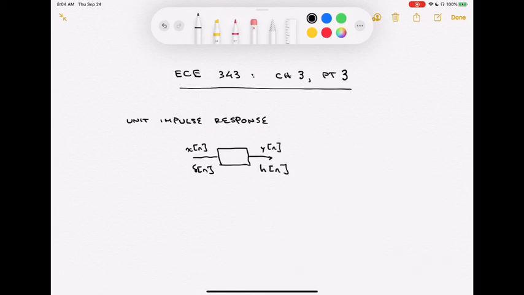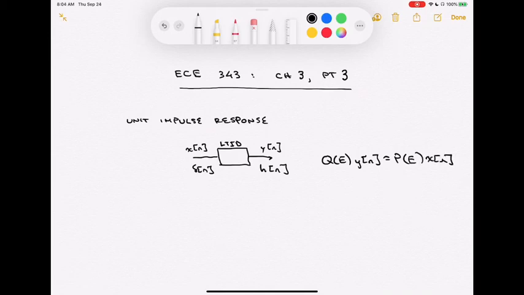h of n. If we think about the kind of systems we've been dealing with, we are looking in this chapter at linear time invariant discrete systems, and those described by a constant coefficient linear difference equation that, in compact form, looks like Q of E acting on y of n being equal to P of E acting on x of n.